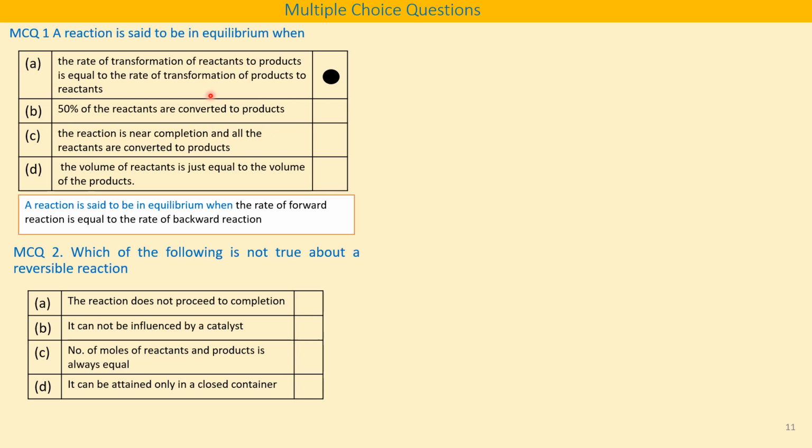Number 3 is the number of moles of reactants and products is always equal, and it can be attained only in a closed container. So here we have to mark the statement which is not true. The answer which is not true is C. See here, the number of moles of reactants and products can be different also. So option C is not true.